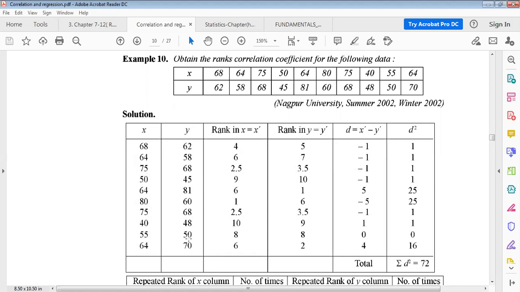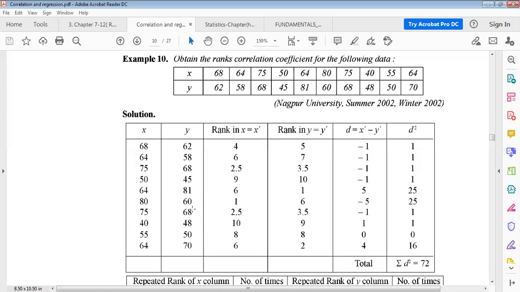Now the ranks for Y. The highest value is 81, so its rank is 1. The next highest after 81 is 70, which gets rank 2. The next largest number after 70 is 68.